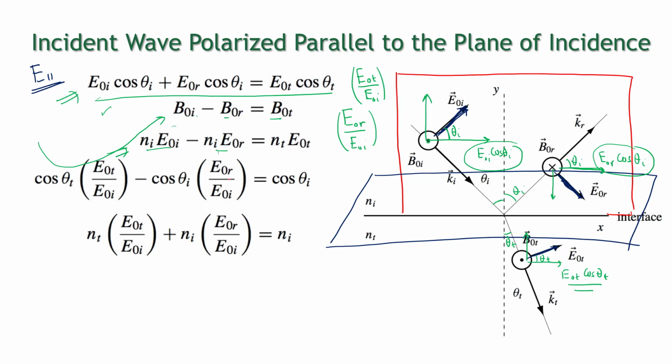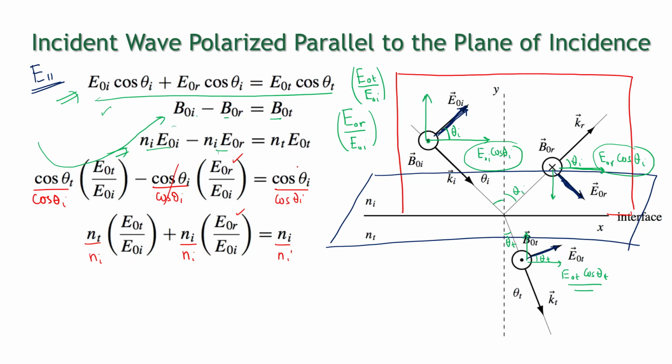Let's say we want to get rid of this one and this one in this equation. So to get rid of that, let's divide this by cosine theta I, cosine theta I, cosine theta I, and then let's divide this by ni, ni, ni.